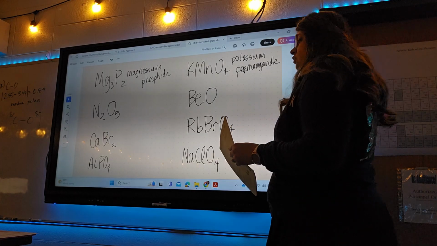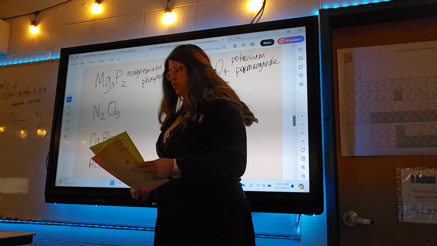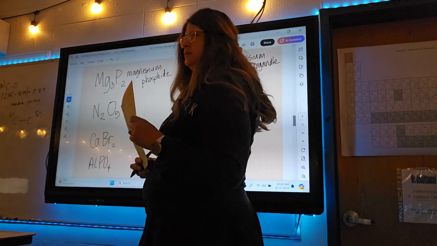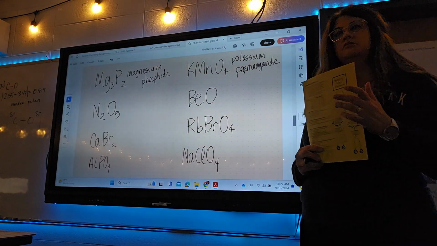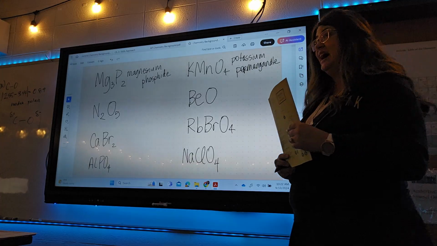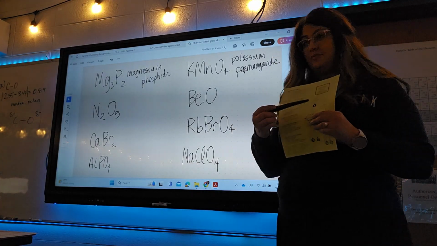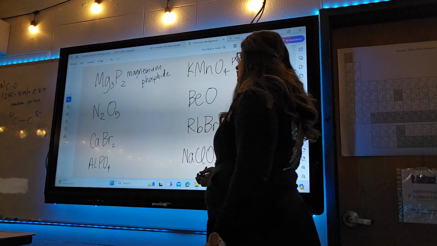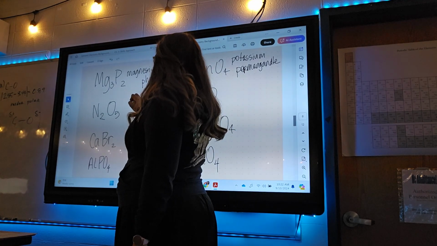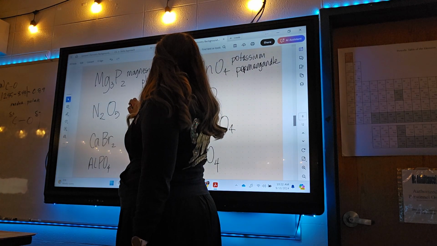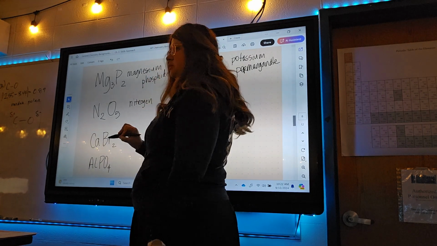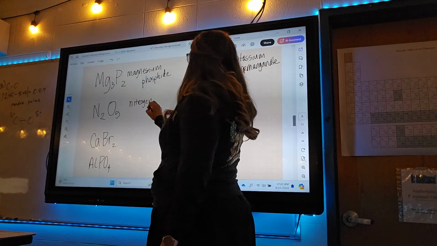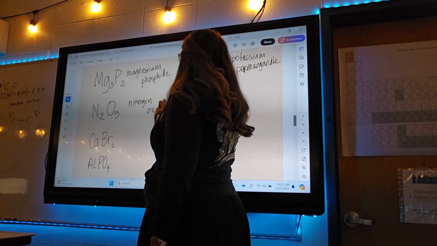All right, good. What about N2O5? What type of element is N? Is it a metal or non-metal? It's a non-metal. So that means type 1. Let's follow the instructions. Type 1, remember, says to write down our elements as they appear, so nitrogen, and then oxygen, but with that IDE suffix.